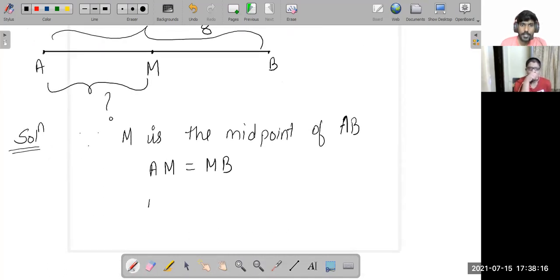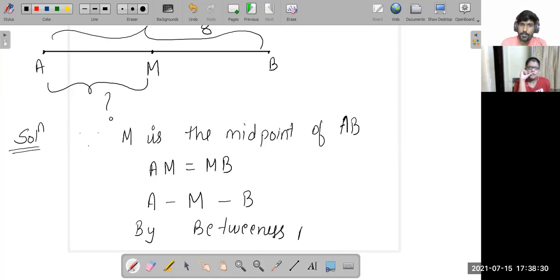Next. Since M is between AB, by betweenness property, can you tell me what will happen by betweenness property? Unmute, unmute.